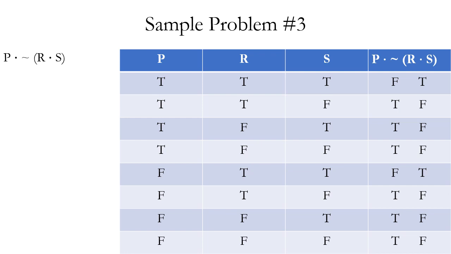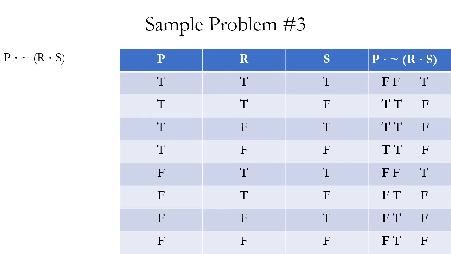So we have to look at the truth value under the main operator of the second conjunct, which is the tilde. So the tilde is the main operator of the second conjunct. So on each row, we'll compare the truth value of P and the truth value under the tilde to calculate the truth value of that dot outside the parentheses.